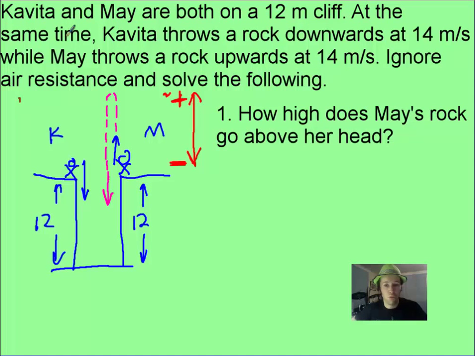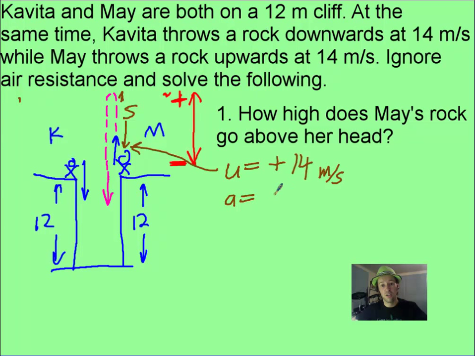Now let's solve question 1 about how high the rock goes above May's head. We're going to call this displacement S, because that's what the IB always uses. Now let's write down what we know. The initial velocity of the rock, right when she throws it, is plus 14 meters per second. The acceleration of all projectiles is 10, and ours is going to be negative 10 meters per second squared.